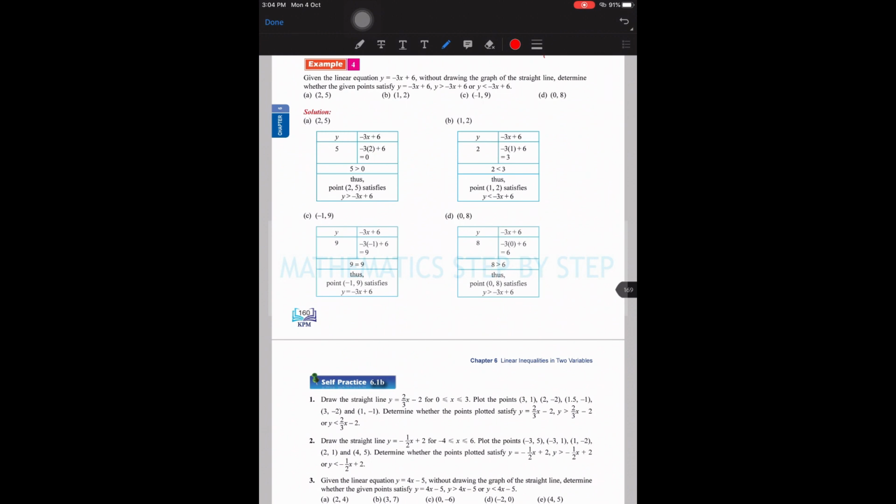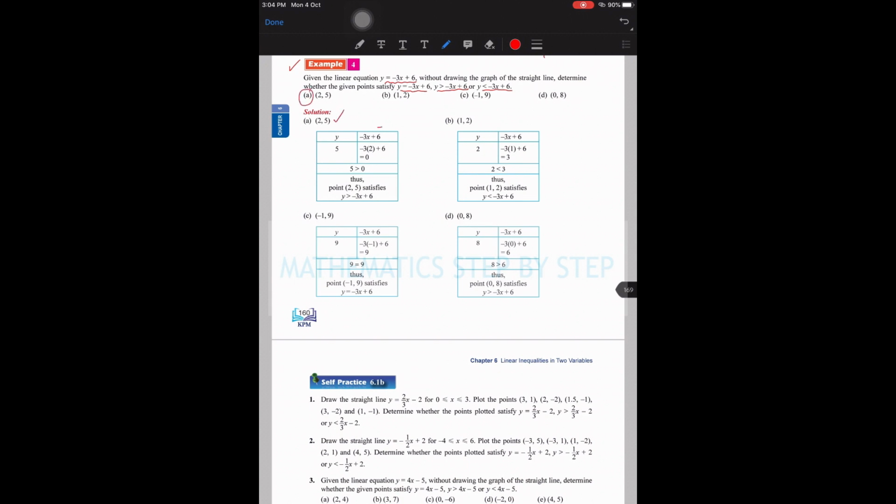Then now let's go through example 4 together. Given the linear equation y equals negative 3x plus 6, without drawing the graph of the straight line, determine whether the given points satisfy y equals negative 3x plus 6, or the point is situated above the straight line or below the straight line, okay? So let's do A, (2, 5).